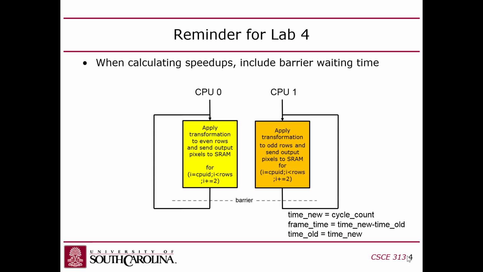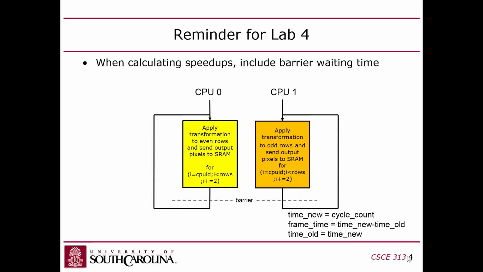But if you calculate the time for the whole frame, or whichever one is the slowest, then you get a total frame time. And it's pretty easy to do that because you got the barrier there. So after you get past the barrier, you can get the cycle count.